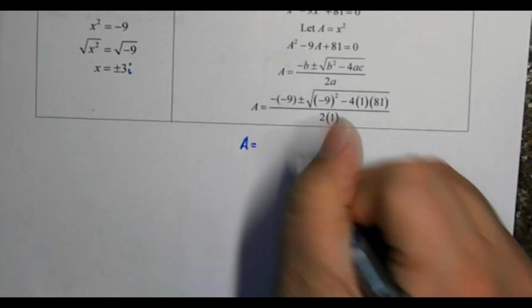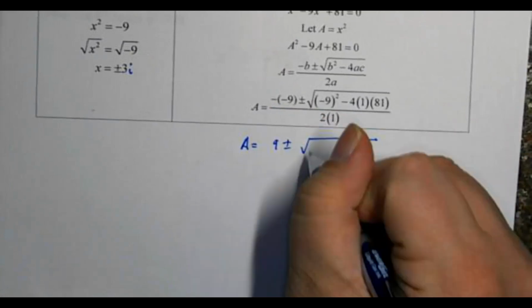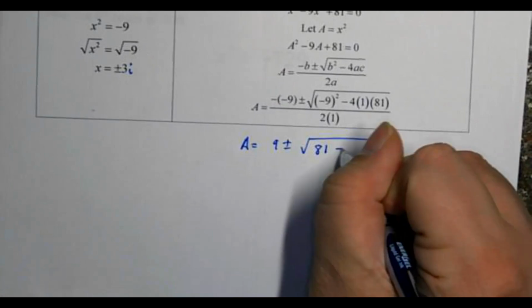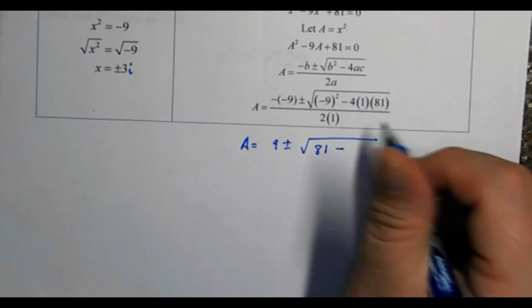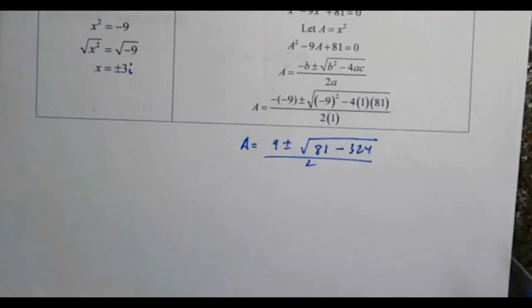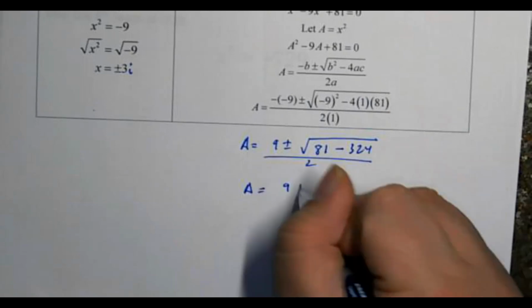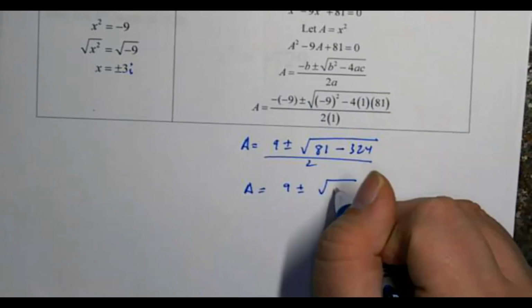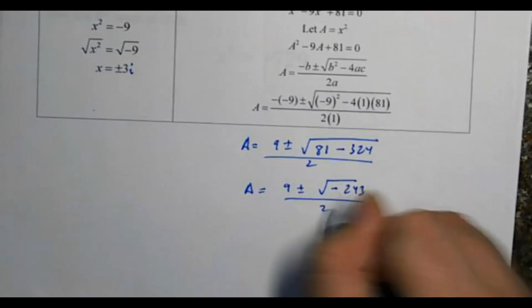So a is going to be 9 plus or minus the square root of 81 minus 4 times 81, which is 324, all over 2. So I have 9 plus or minus the square root of negative 243 over 2.